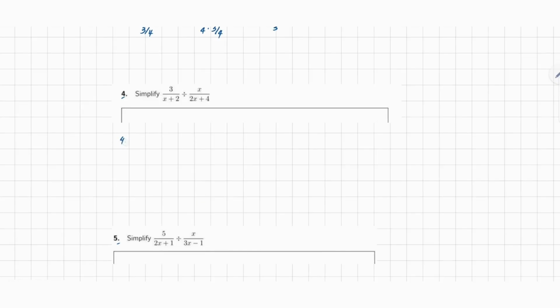Next, we have question 4. Here we have to divide two fractions. To divide these two fractions, we have to multiply this term with the reciprocal of the second term. So that is 3 over (x plus 2) times (2x plus 4) over x.